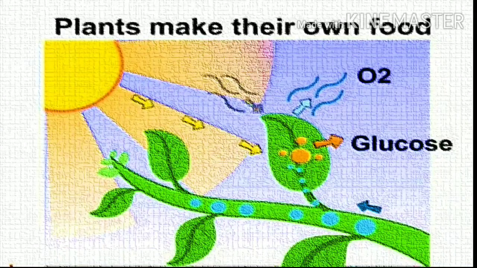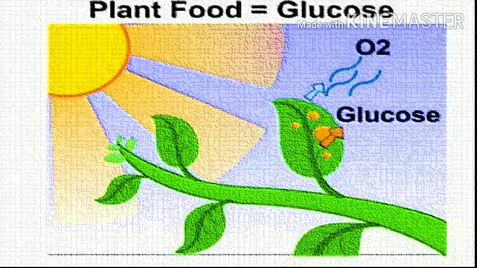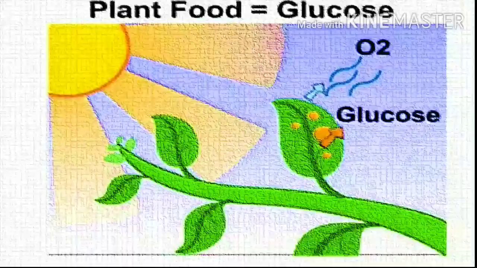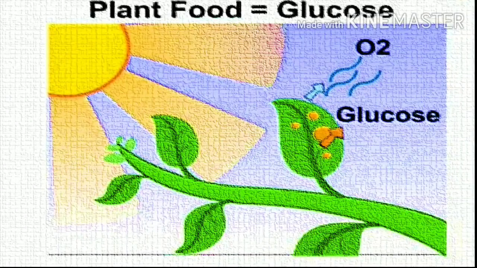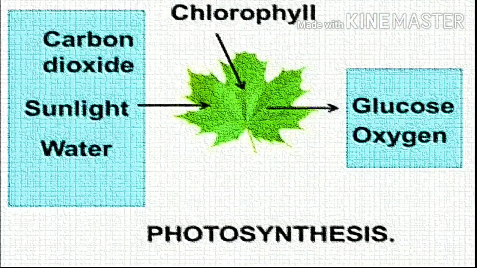Yes, plants make their own food and give out oxygen gas and food in the form of glucose, and the plant food is glucose. Yes, glucose is a kind of sugar. So we saw plants make glucose in the presence of sunlight and chlorophyll with the help of water and carbon dioxide. This process is called photosynthesis.